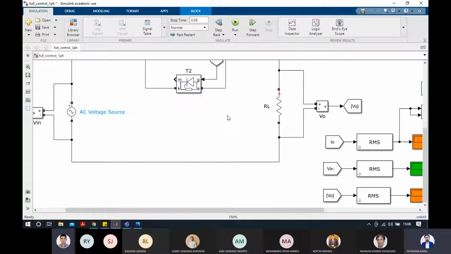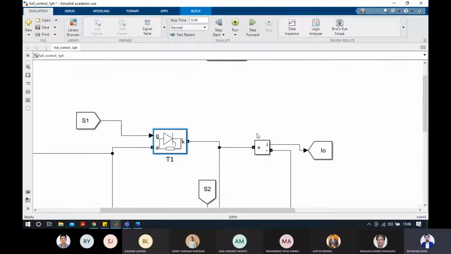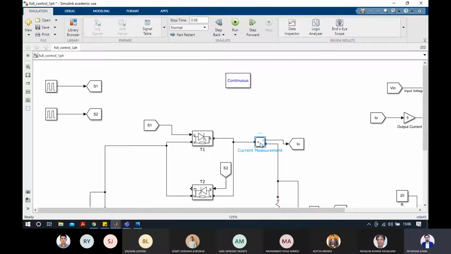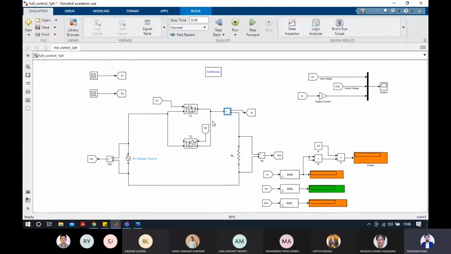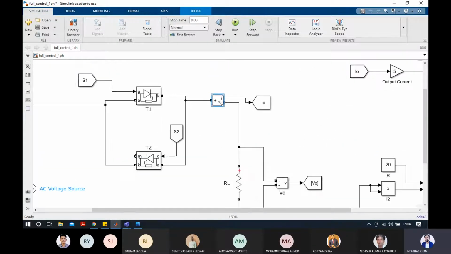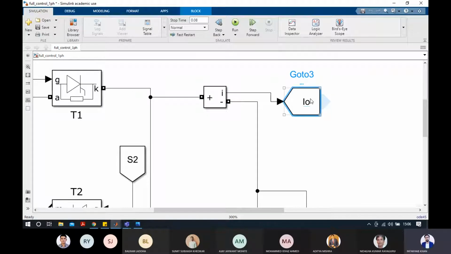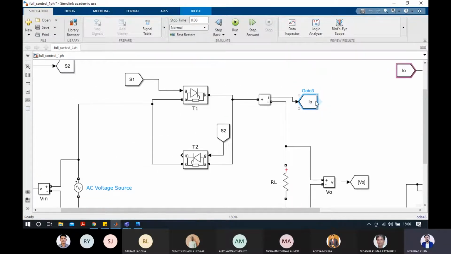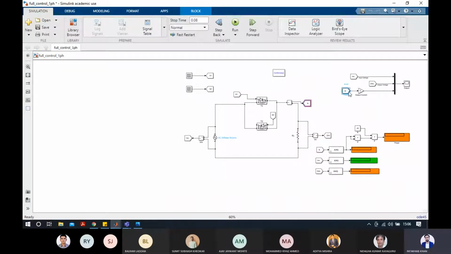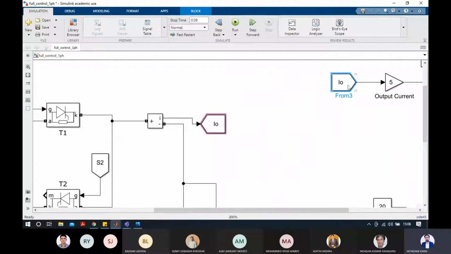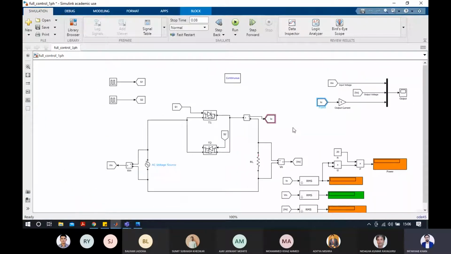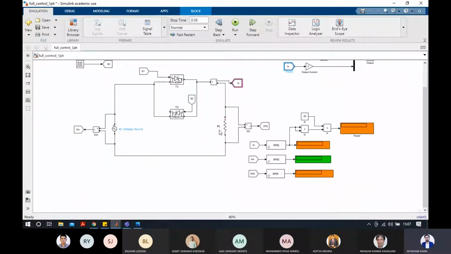In this way, we have connected a current measurement block over here, which will be measuring the current in this circuit. For the measurement of this current, we have again used a goto block, and a from block is connected over here. This is the from block for I0. Now this current goes to the resistor, and the voltage measurement is done.